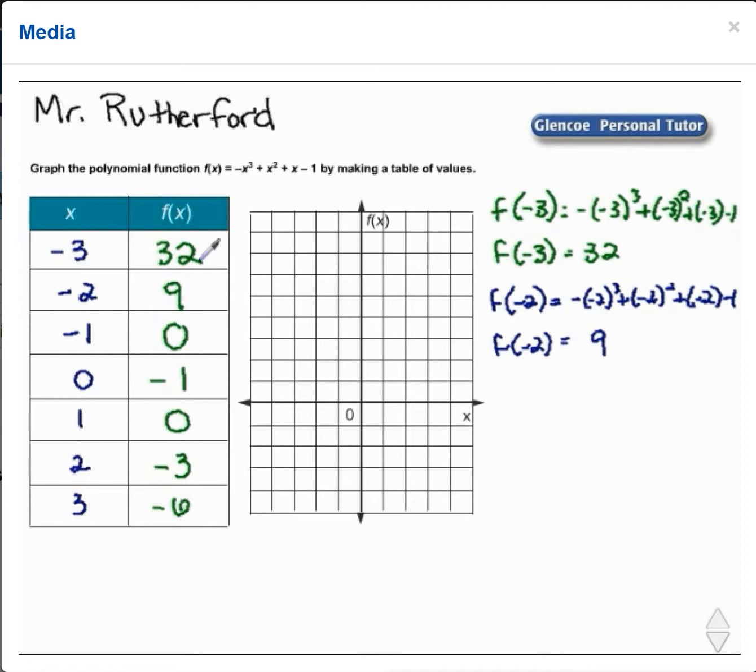Notice here on our f of x column, we have a fairly large number in 32 and a fairly small number in negative 16. Notice that 32 will not fit on our f of x axis, nor will negative 16. So what we'll need to do is to adjust our scale with each increment.